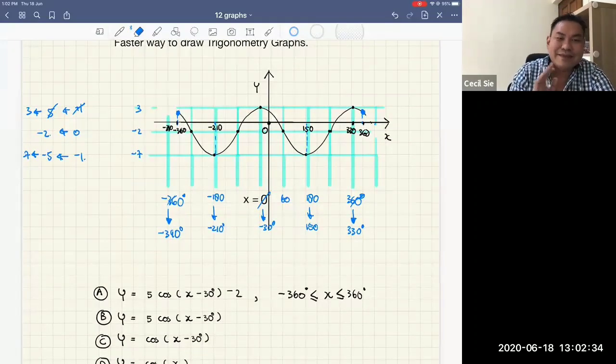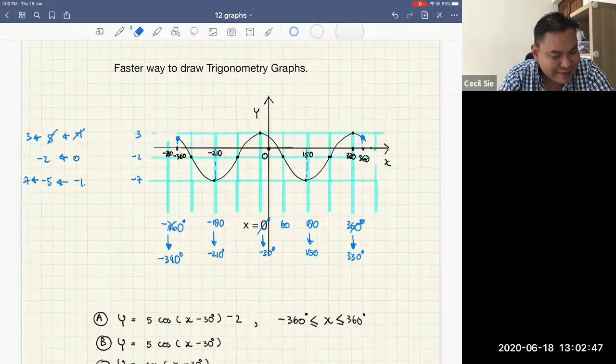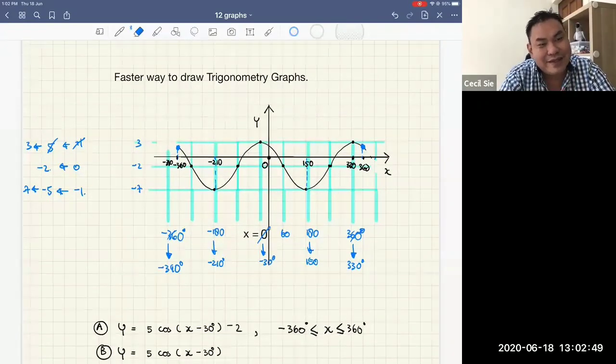Then you modify. Avoid changing the graph. Instead, it is better if you change the values only. Then put the x and y axes last. So that's what I want to tell you. I think it might help you sketch the graph faster.